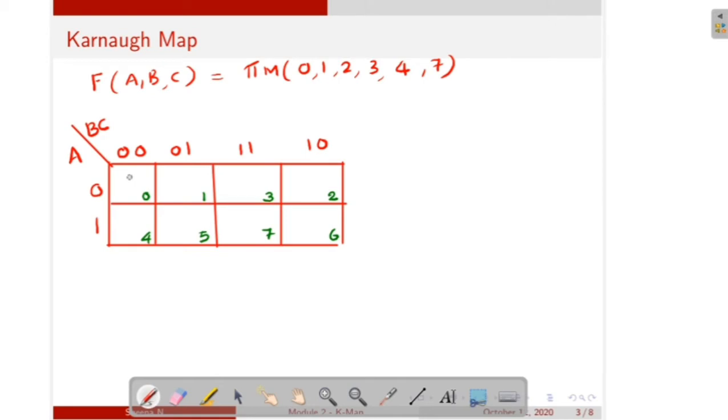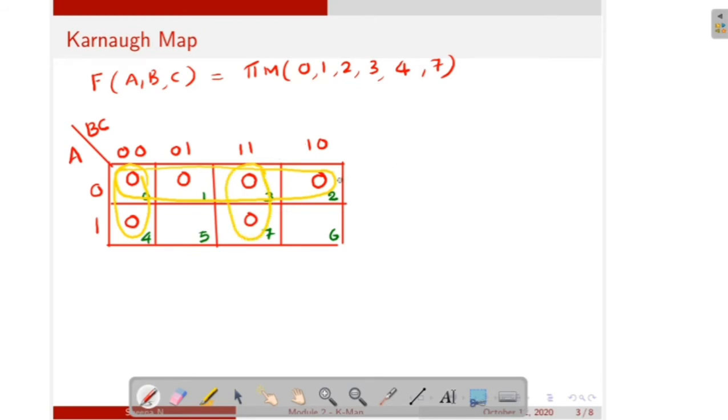So mark 0 for the entries 0, 1, 2, 3, 4 and 7. Next we can group. Here these 4 zeros are adjacent, so we can group them. Then these two are adjacent, so here it is grouped as a pair, here also grouped as a pair.